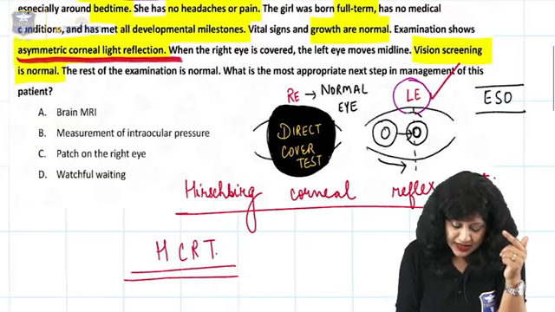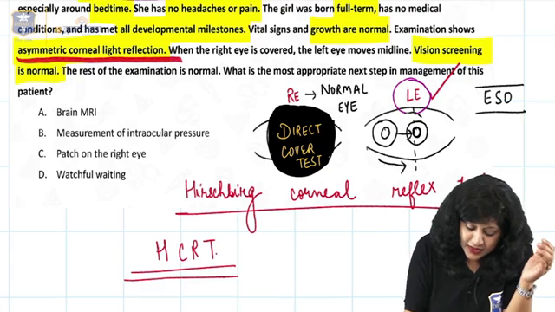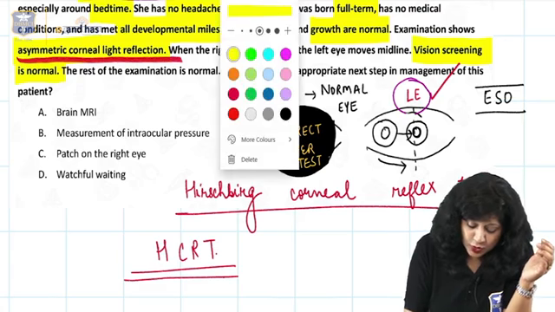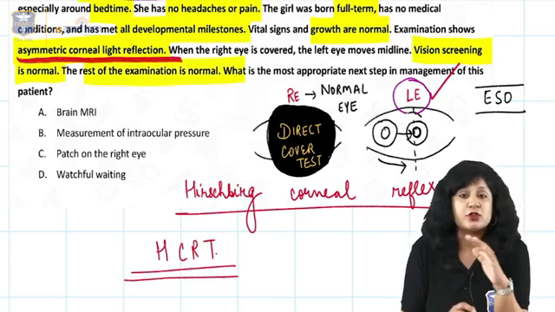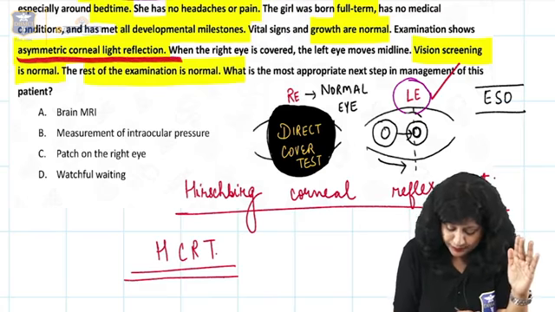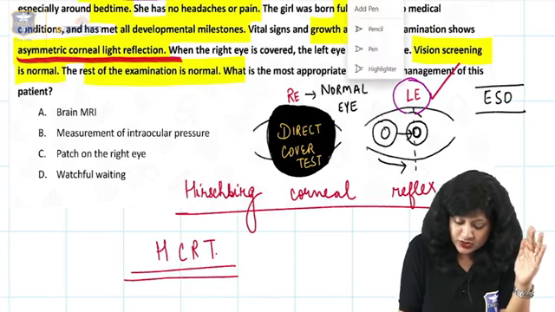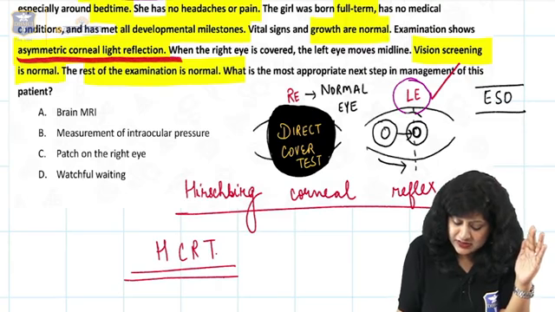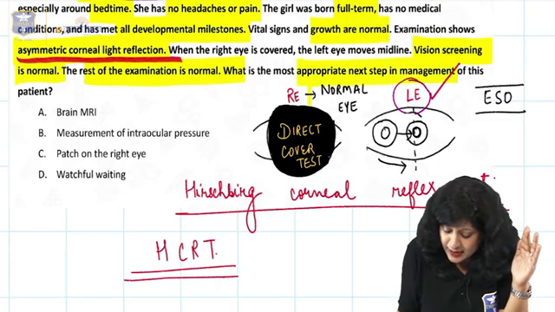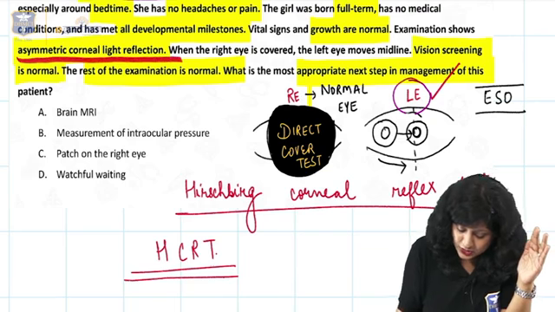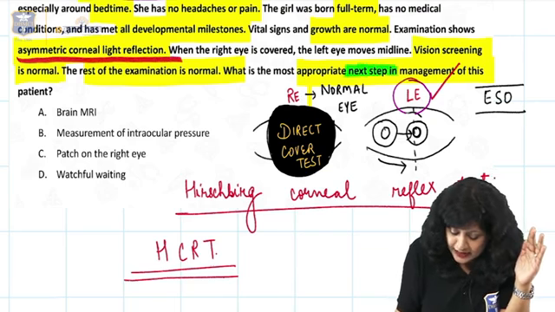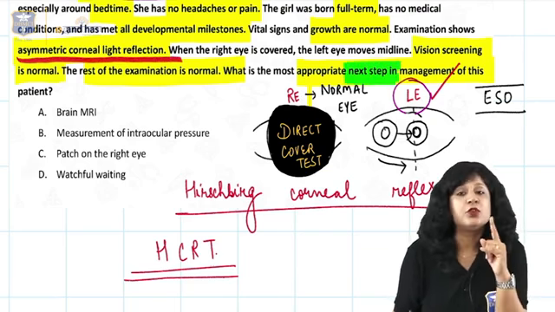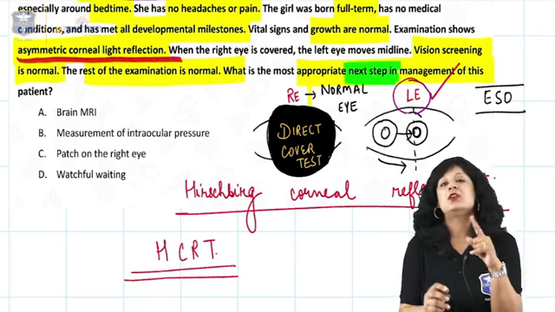Visual acuity is normal. Rest of the examination is also normal in this eye. What is the most appropriate next step? Next step in the management of this patient. So you have to take care that they are not asking you the best step, they are asking you the next step.